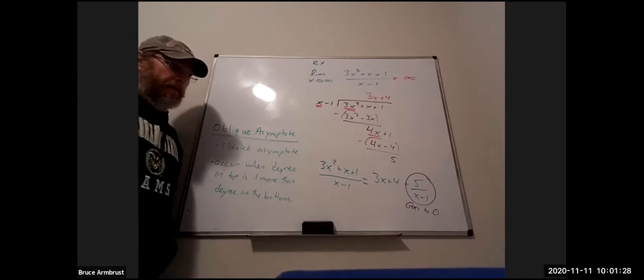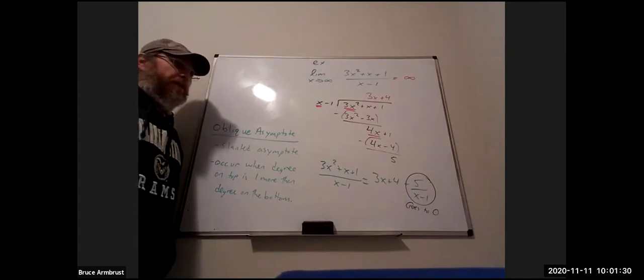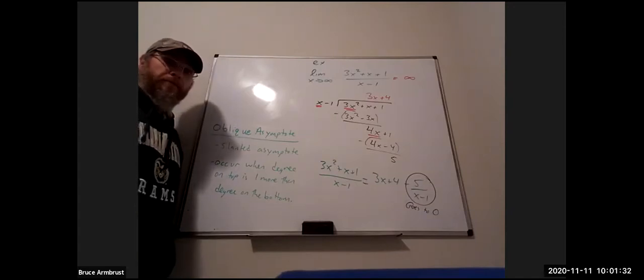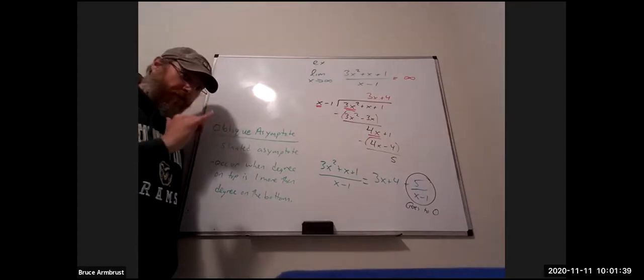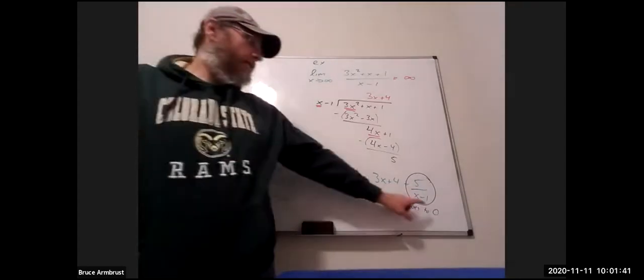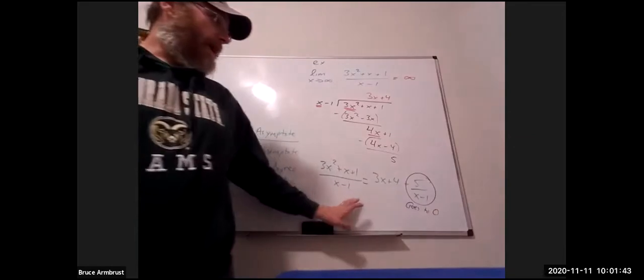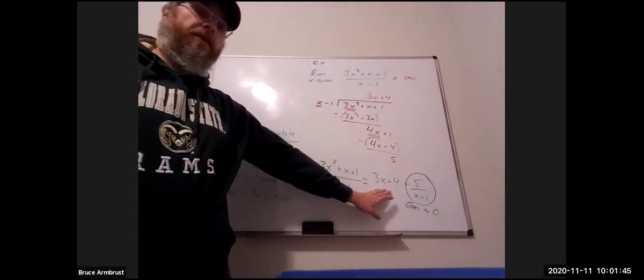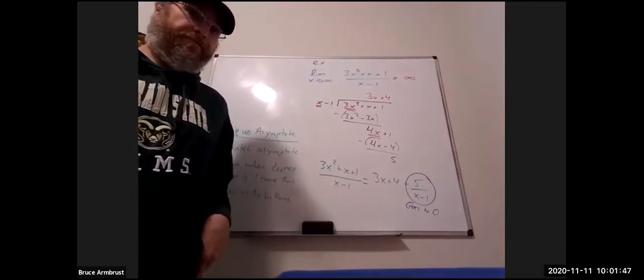As x gets big, 5 over x minus 1 is going to go away. It becomes less and less important. So as we keep moving further away, this little chunk disappears, and our function starts looking like 3x plus 4.